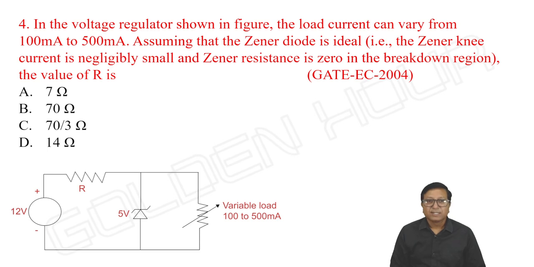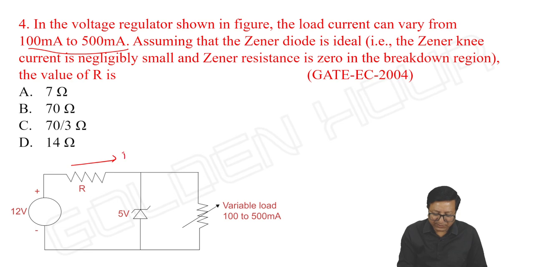Next. In the voltage regulator shown in figure, the load current can vary from 100 milliampere to 500 milliampere. Means RL is varying with IL minimum and IL maximum. Assuming that the Zener diode is ideal, that is the Zener knee current is negligibly small, that is IZ minimum is 0 and Zener resistance RZ is also 0 in the breakdown region. What is the value of R? Here this current is I, this is IZ and this is IL.